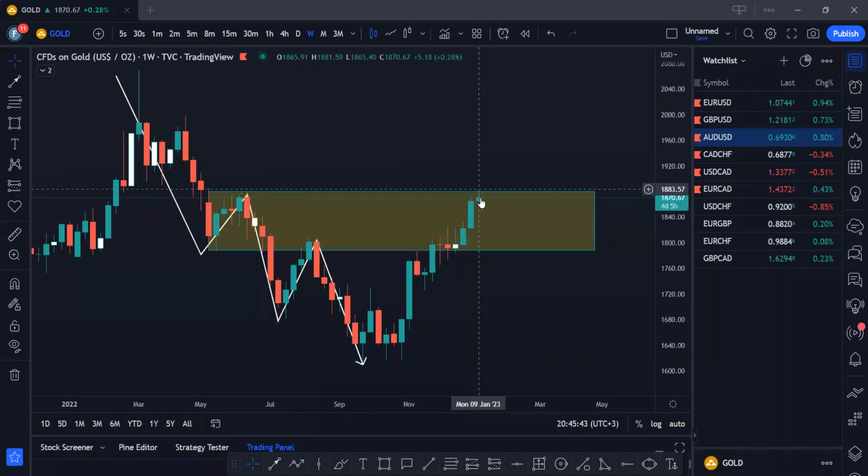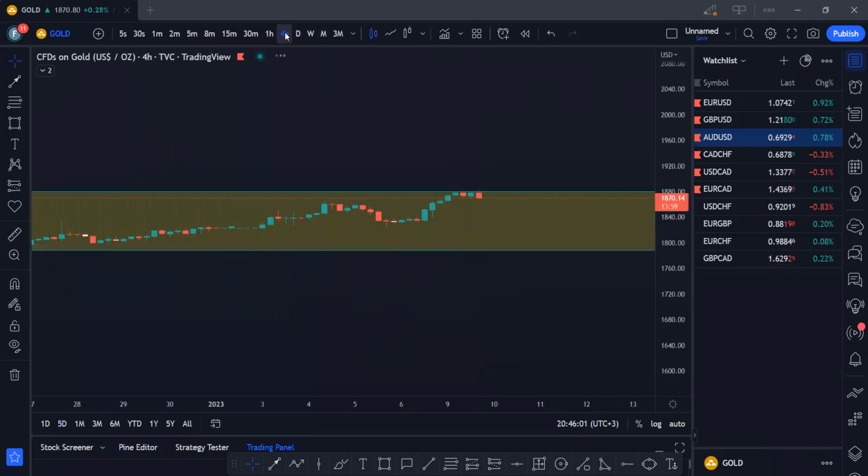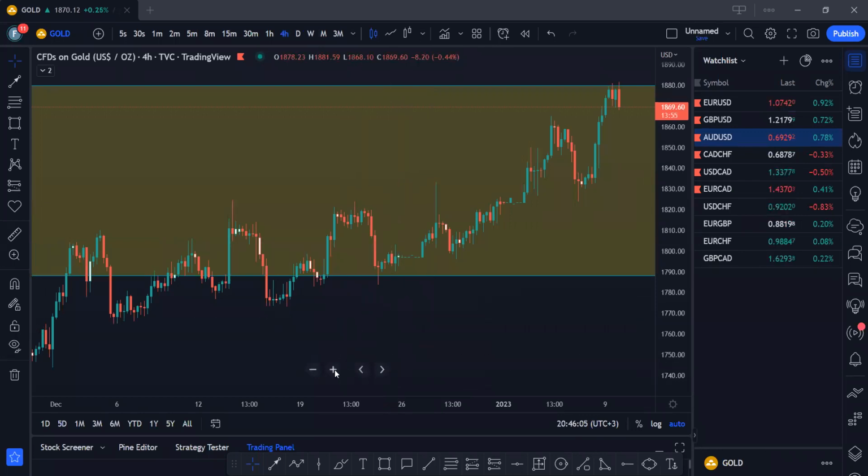Okay, so over here, if this supply is going to hold, we can look for sell opportunities on a lower time frame, or we look for buy opportunities for the continuation up on a lower time frame. So if you go to the 4-hour time frame, what do we see on the 4 hours here?